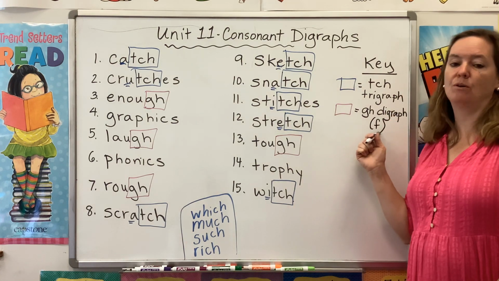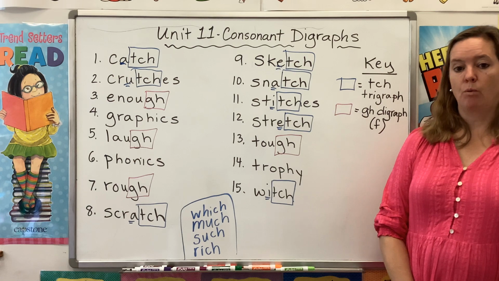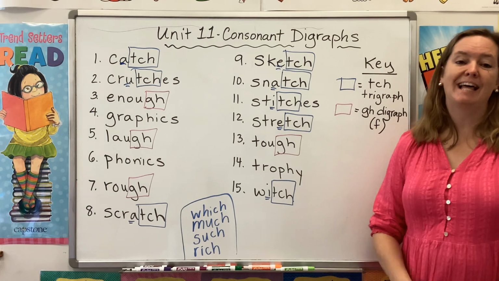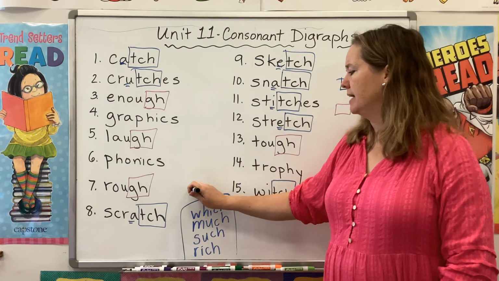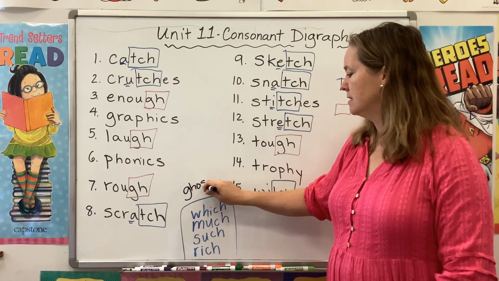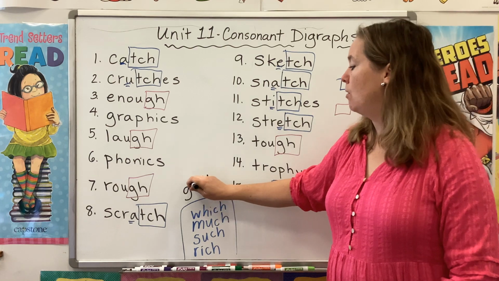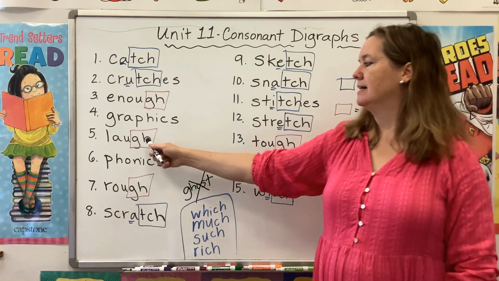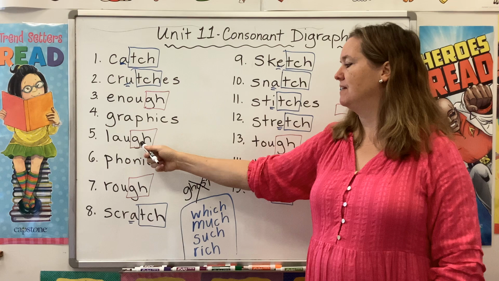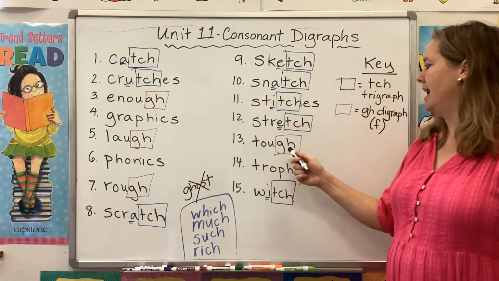And that new sound is f. Okay? Notice this only works at the end of a word. We got no words like ghost, right? It doesn't say fost. So it only makes an F sound at the end of a word. Enough, laugh, rough, and tough.